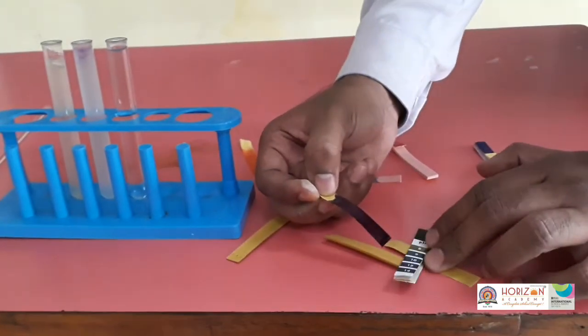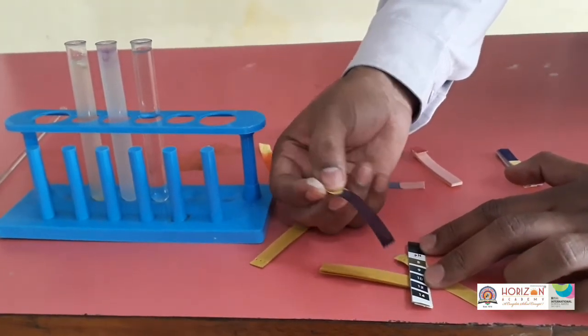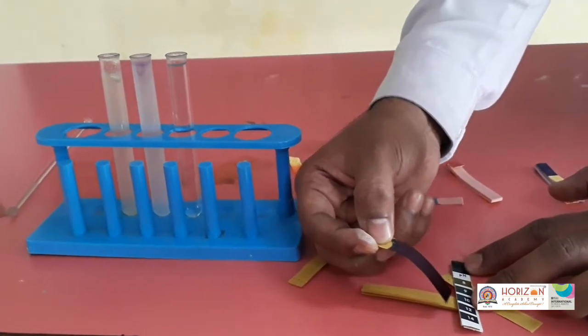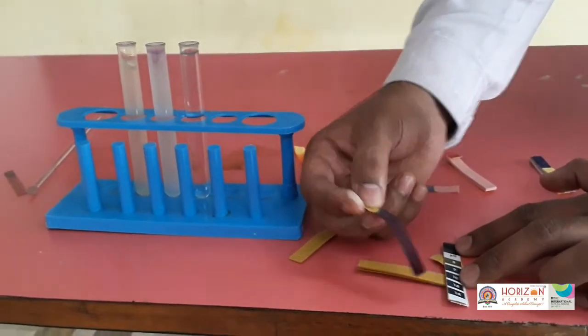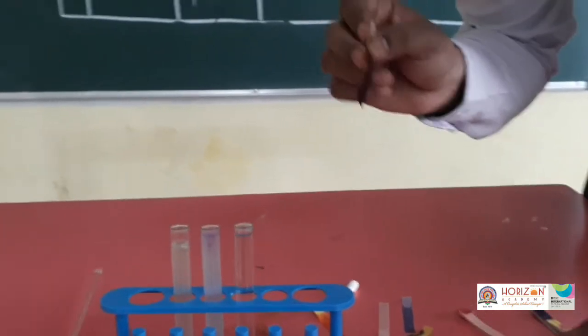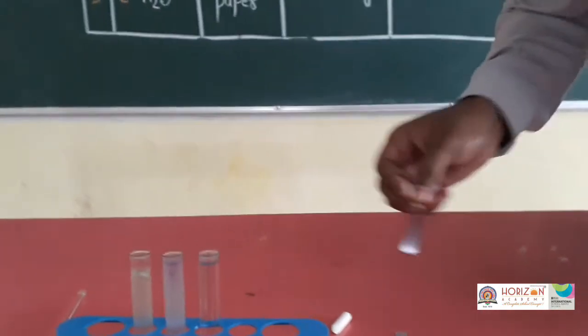Here you can see pH above 7 is nothing but basic nature. So here also it is showing that it is base, and it is showing that it is a strong base because its value is matching between 12 to 14. Okay. So in this way you understood that pH paper is also showing acidic or basic nature and it is also showing its exact pH value.